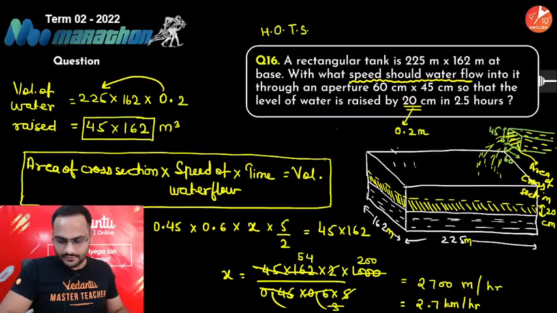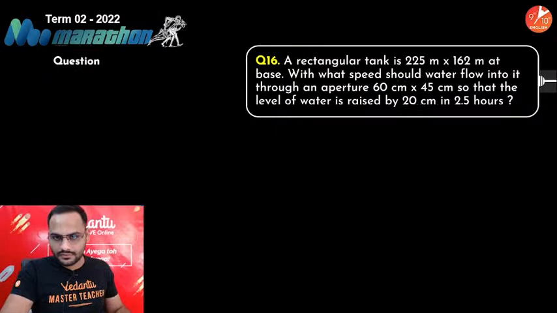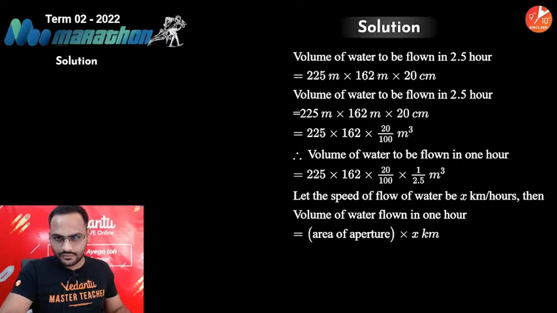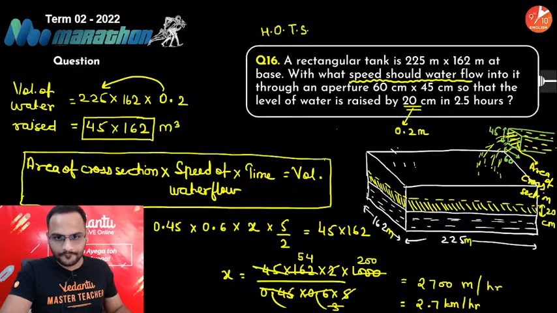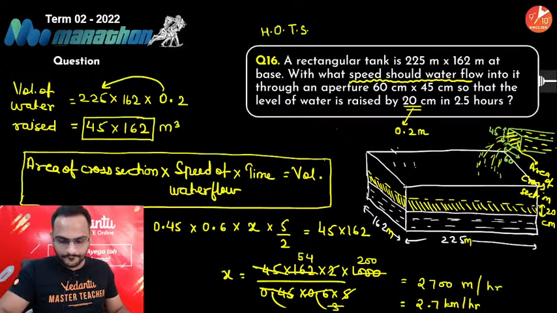You see 225, 162, 5 into 162 into 0.2 to 2916. Okay, my mistake. What is my mistake over here then?